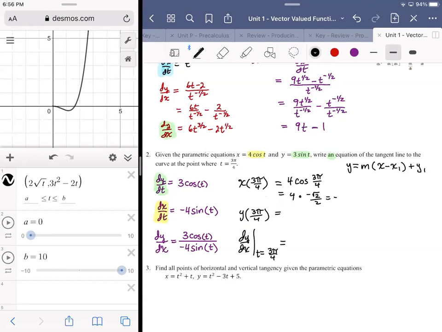So it's going to be negative 2 rad 2. Sine, so this is 3 sine of 3 pi over 4. And I'll show you the Desmos way of doing this in a sec. So 3 times, sine is positive in the second quadrant, so 3 times radical 2 over 2, positive, which would just be 3 radical 2 over 2.